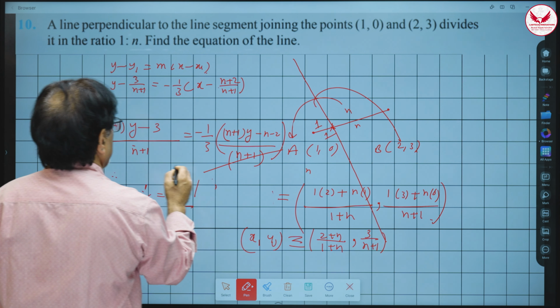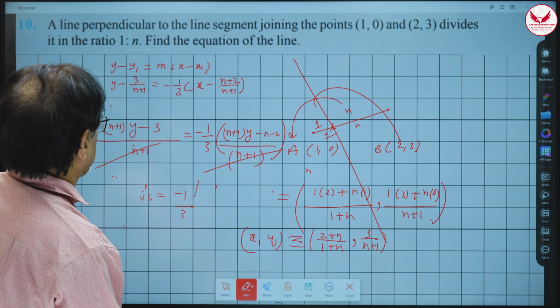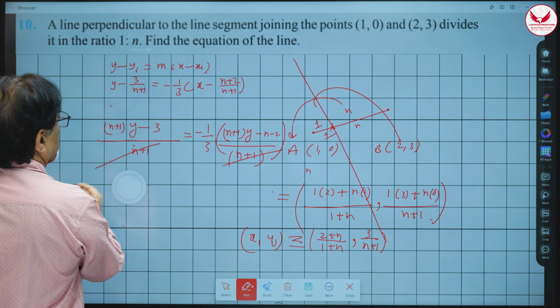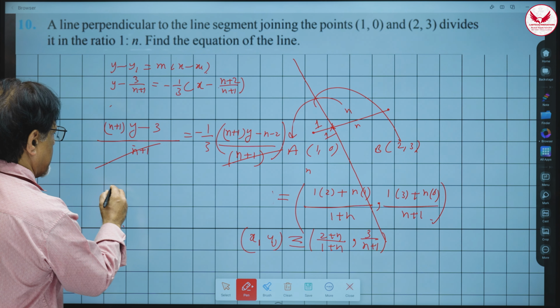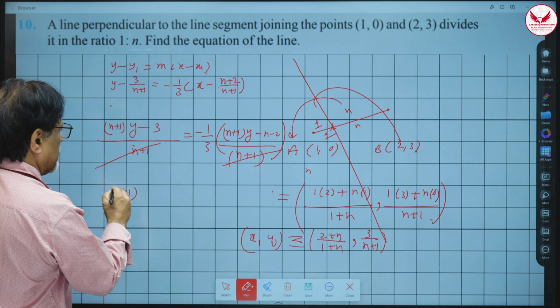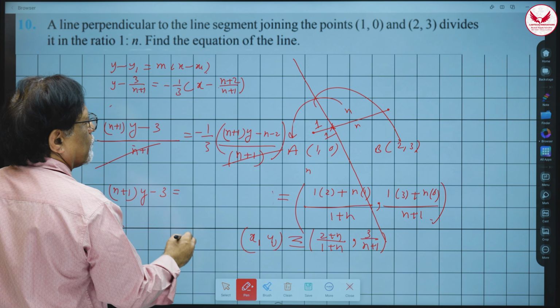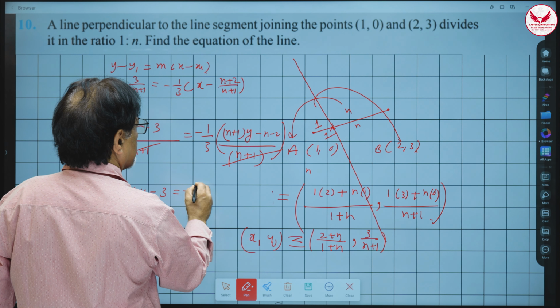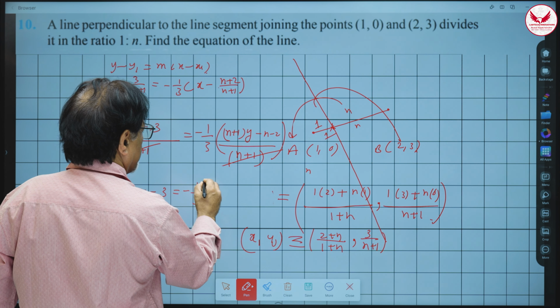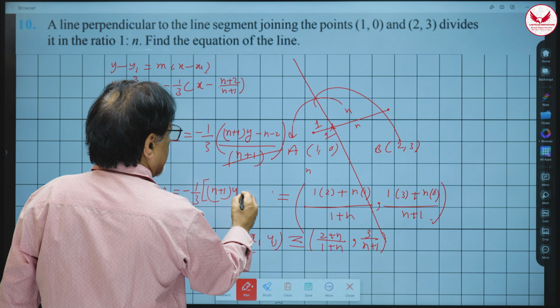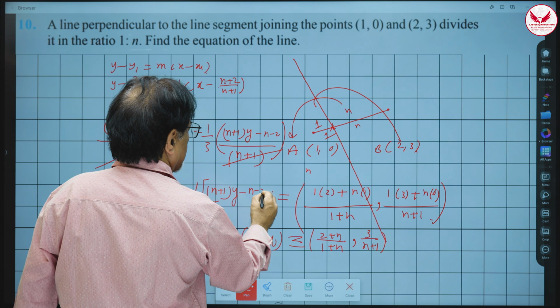But obviously this n plus 1 in both the cases gets cancelled. So now what we are left with is a very simple equation, and that is n plus 1 multiplied by y minus 3 is equal to minus 1 upon 3 multiplied by n plus 1 x minus n minus 2.